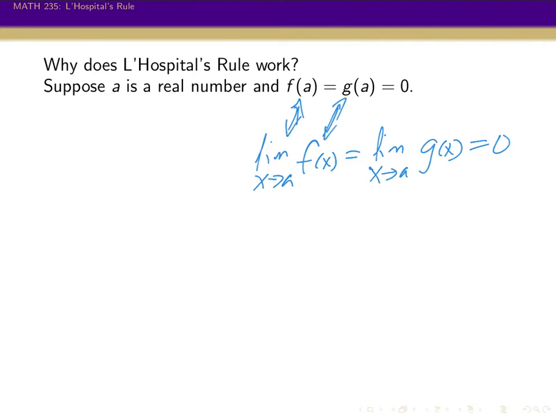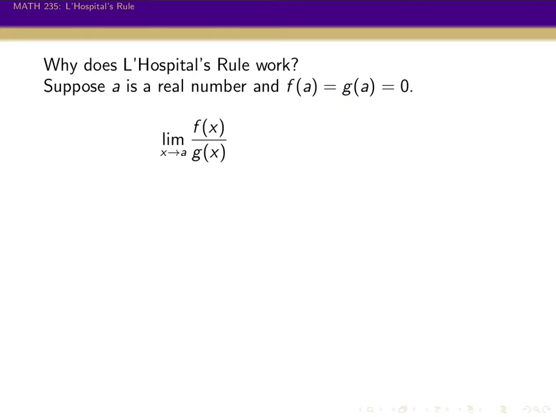Okay. So we're thinking about the limit of f of x over g of x as x goes to a, and so this is of the form 0 over 0 as an indeterminate form. And so the important thing to note is that f of a and g of a are both equal to 0.